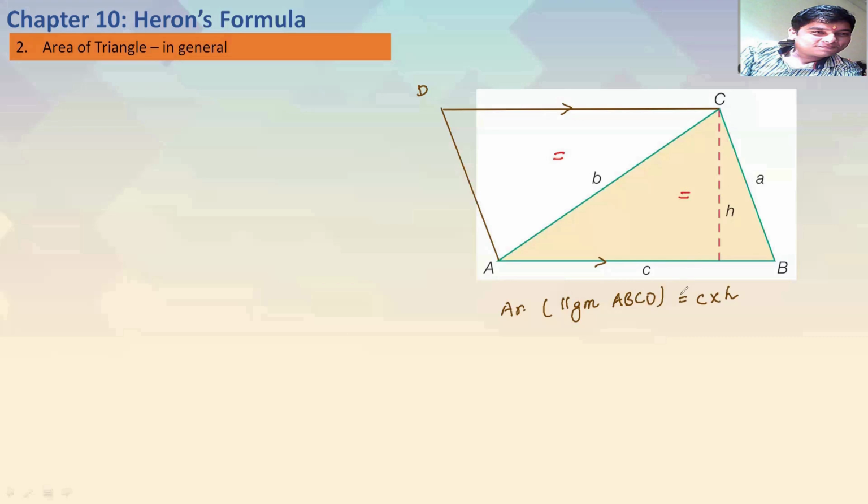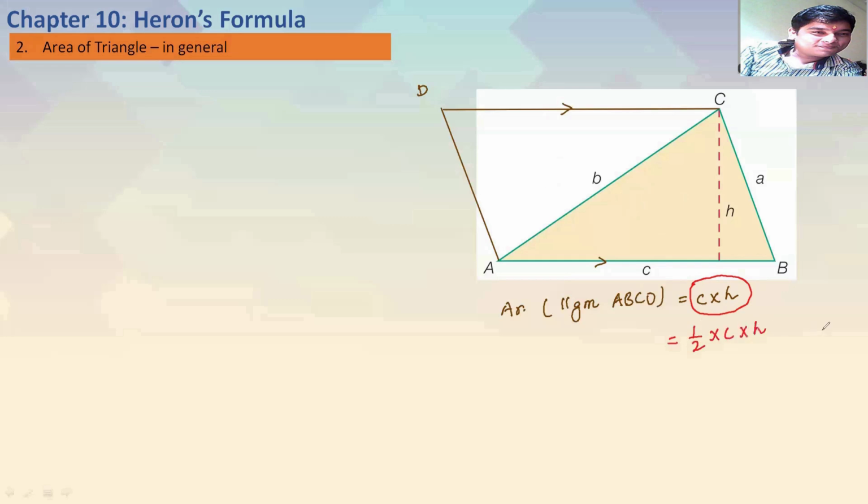If this is the area of the parallelogram, what should be the area of this triangle? The area of the triangle will become half into base into height, basically half into C into H.